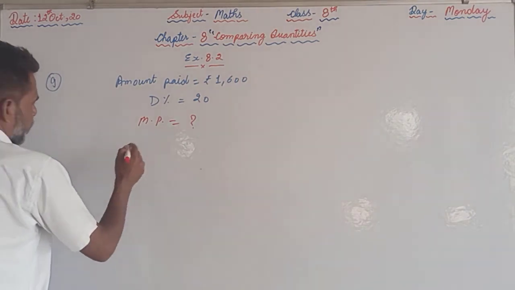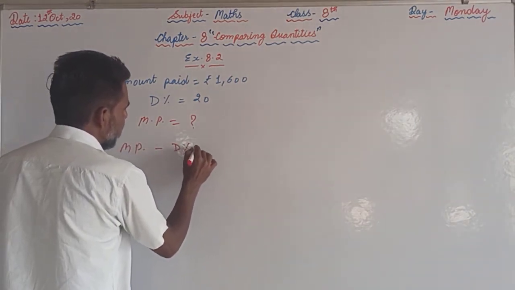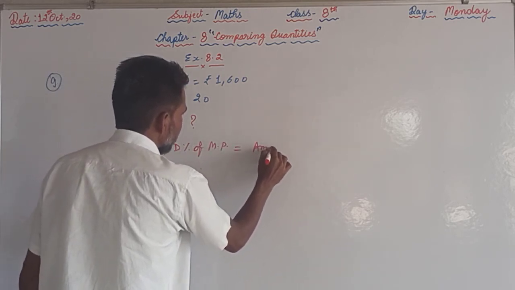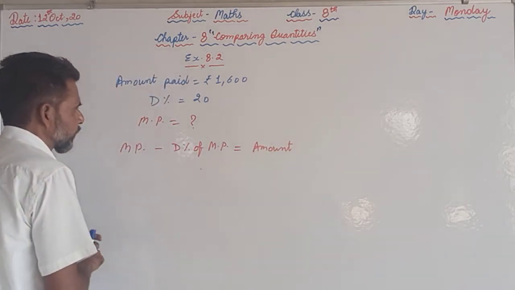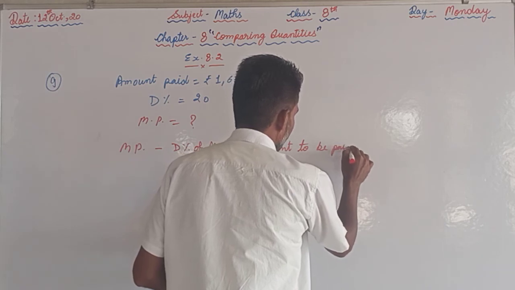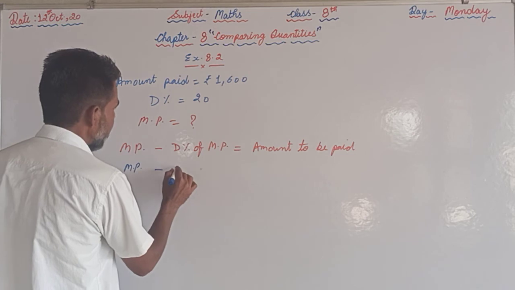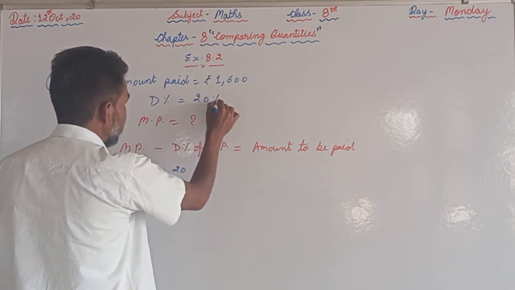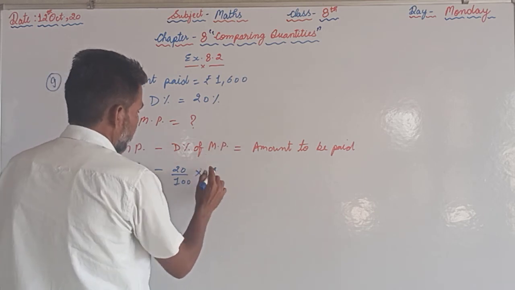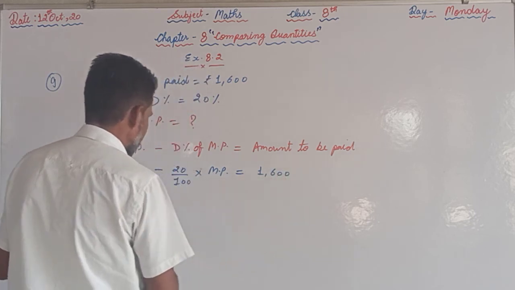So MP minus discount percent of MP is equal to the amount to be paid. MP minus 20% means 20 upon 100 into MP is equal to 1,600.